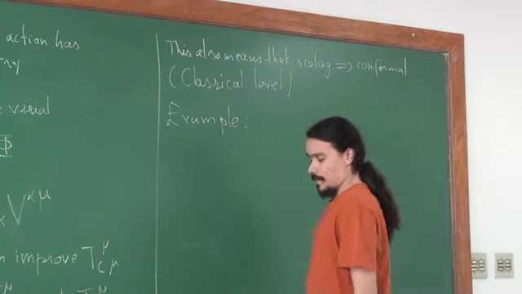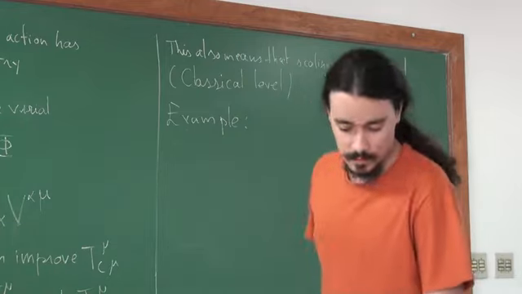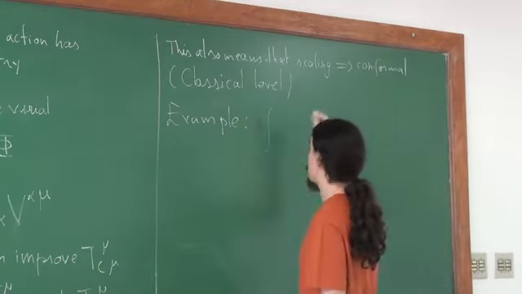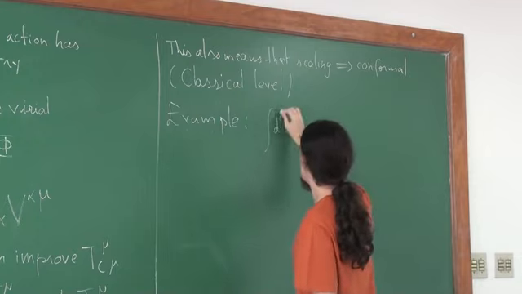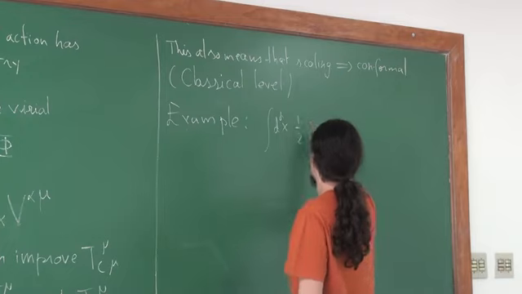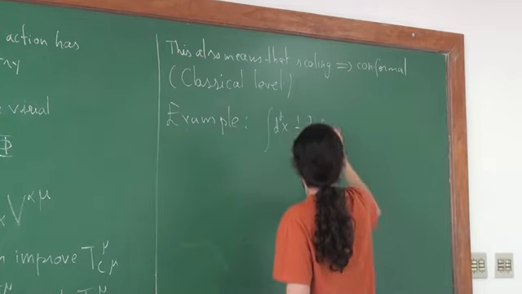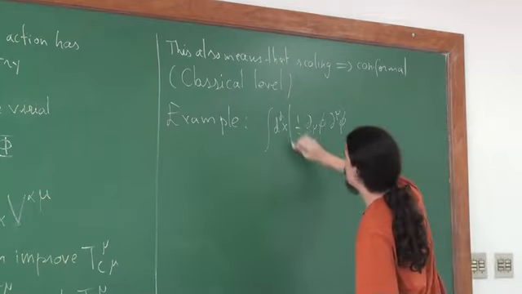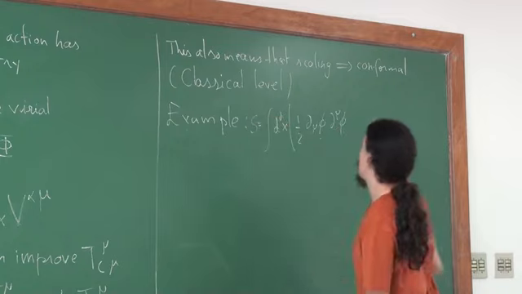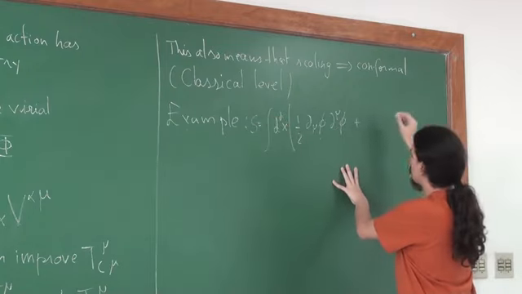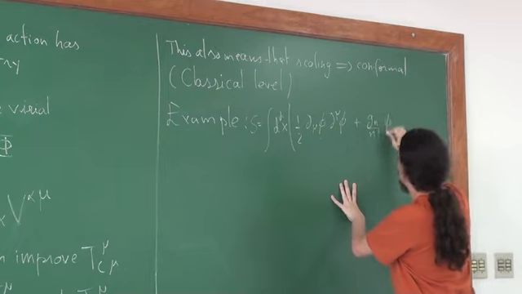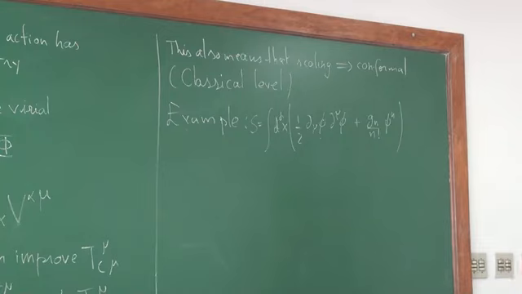I might miss a few factors here because I'll do this from the top of my head. But in d dimensions, if we had this action with some potential like this, some power law.